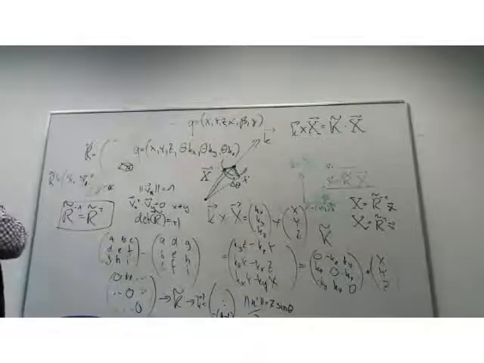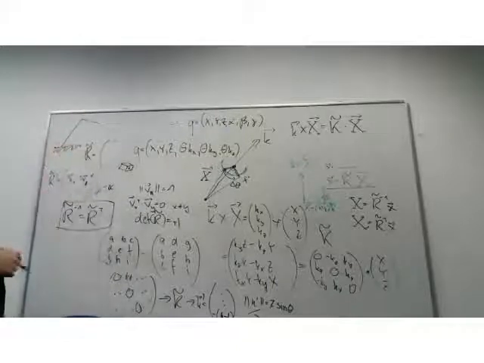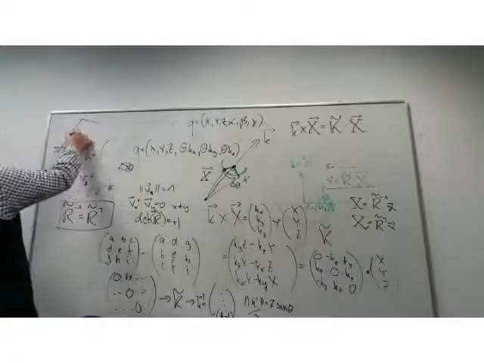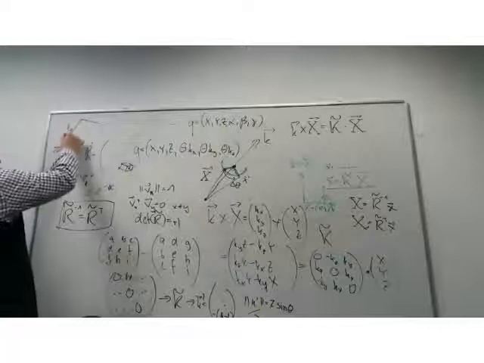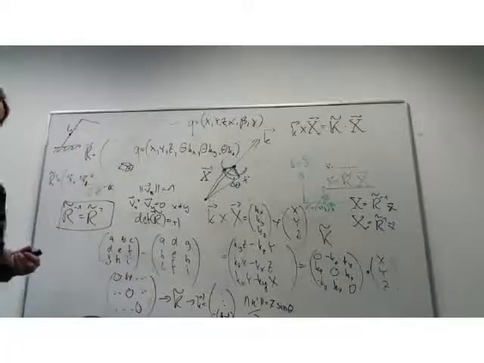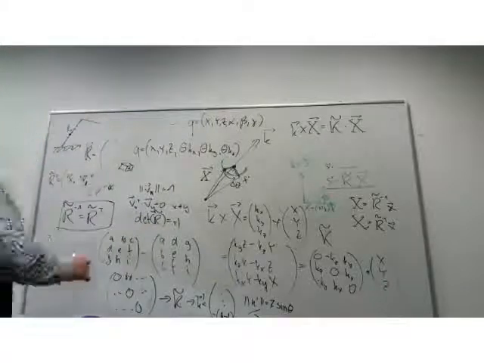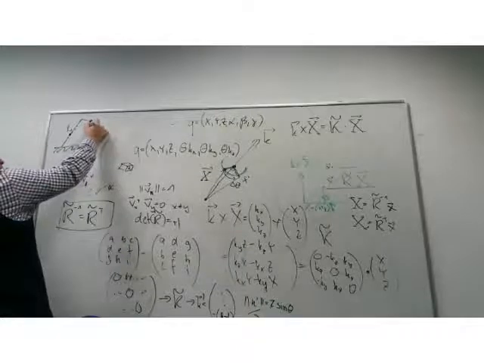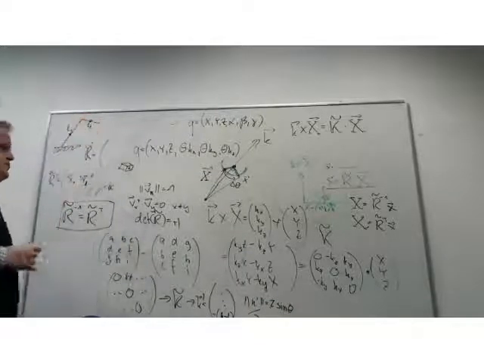So we have a robot. If we know the configuration of one point on link one, then since it's rigid, it defines also the position of all the other points of link one. And if we know the position of one point on link two, then we know the position.